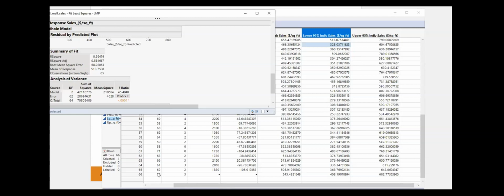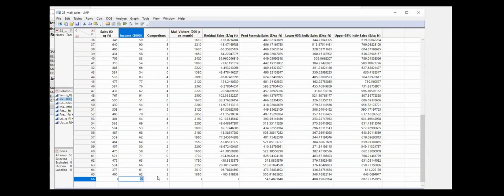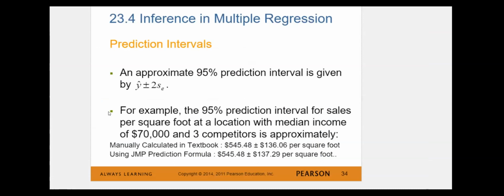Now, do we have it for our new values that we just entered? Yes, 703 is the estimation of sales. That's the lower 95, that's the upper 95. So do we have the same numbers here? Yes. So using JMP, prediction formula will be this, plus minus 137, and you will get exactly the same numbers we have here.